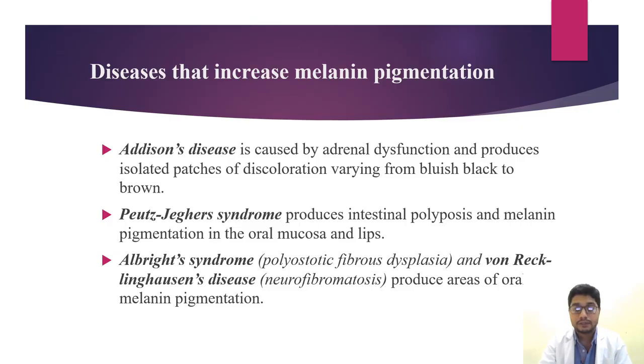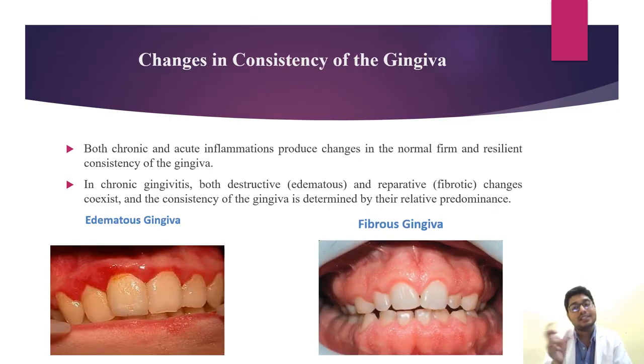Changes in the consistency of the gingiva will also be seen clinically if the patient has gingivitis. Both chronic and acute inflammation produce changes in the normal, firm and resilient consistency of the gingiva. This is the normal consistency, which is firm and resilient. But in chronic gingivitis, there is a destructive phase where the collagenase enzyme degrades the collagen, and you can see destructive, edematous areas of gingiva.